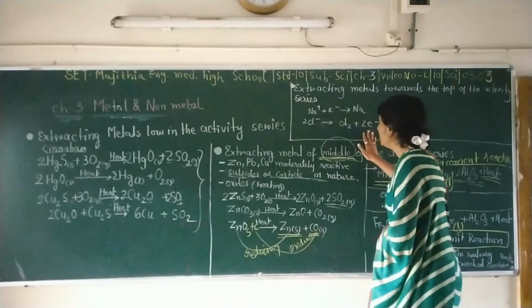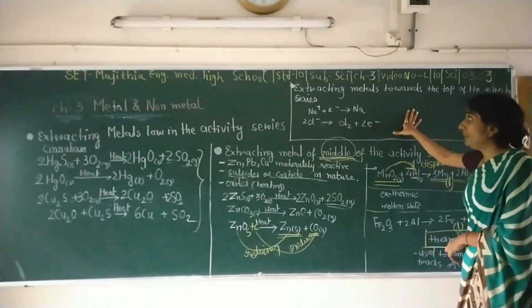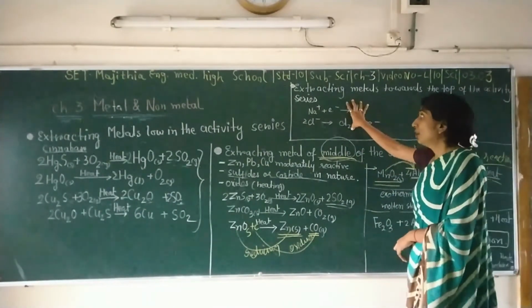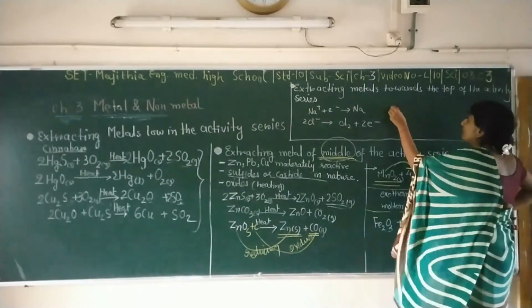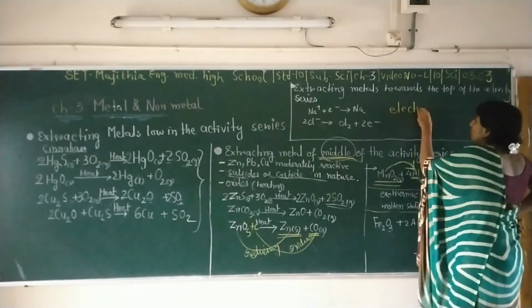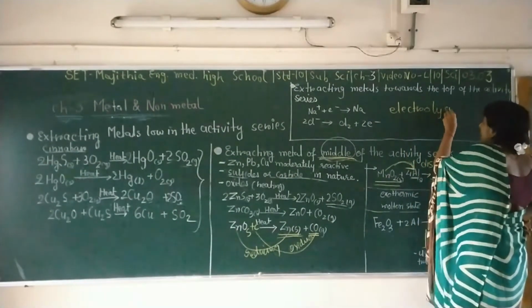So therefore there is only one possibility to get this metal, which is with the help of electrolysis.